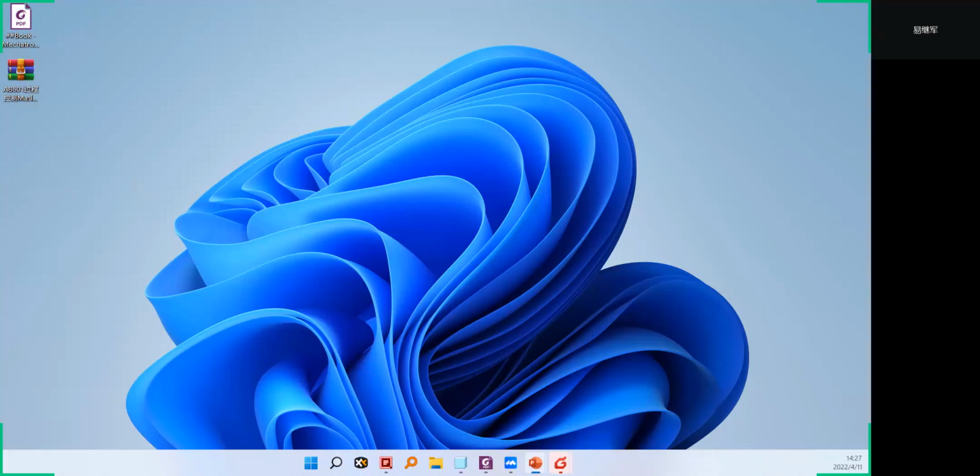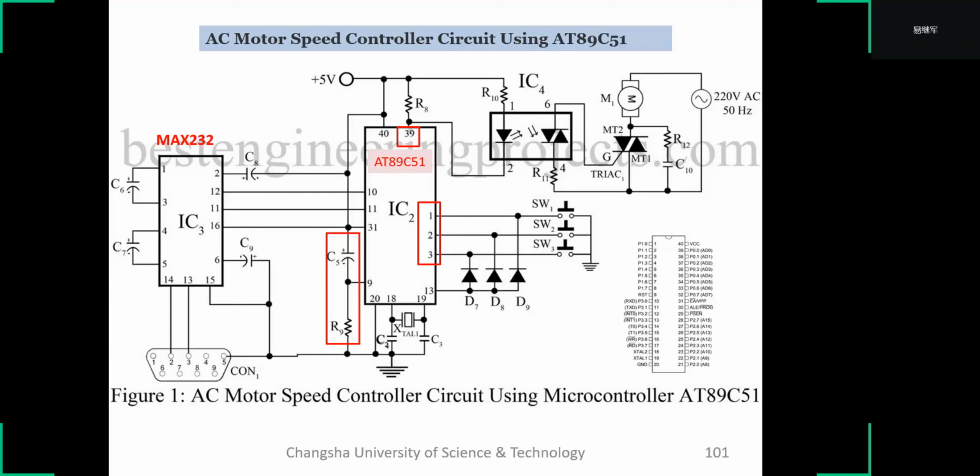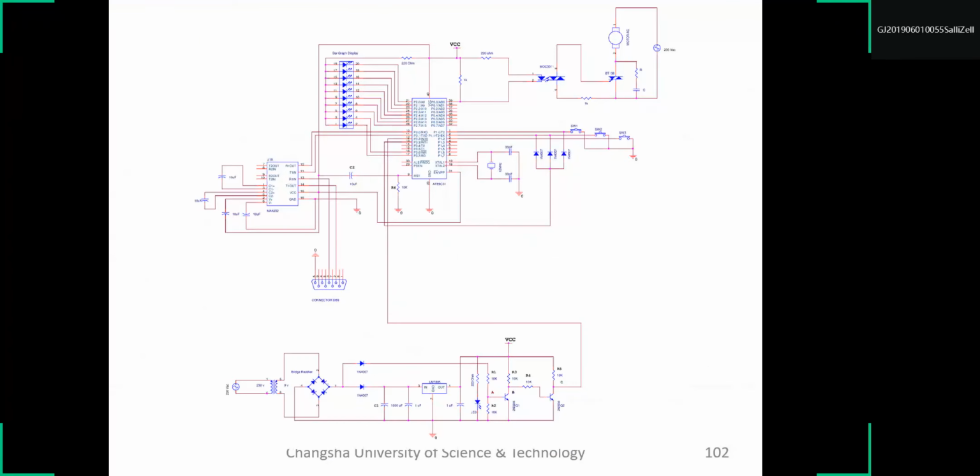You can simulate in this software, but you need to change this motor to some other component, such as the scope. Yeah, okay. You can see the wave. Okay, no problem. That's okay.